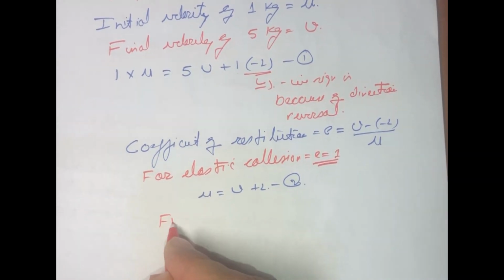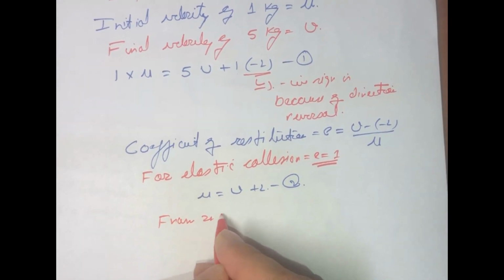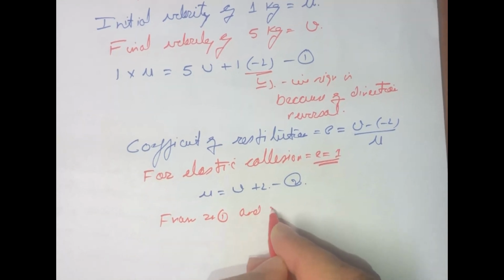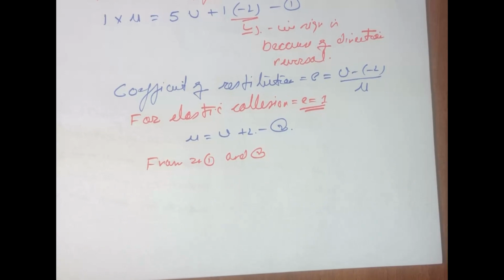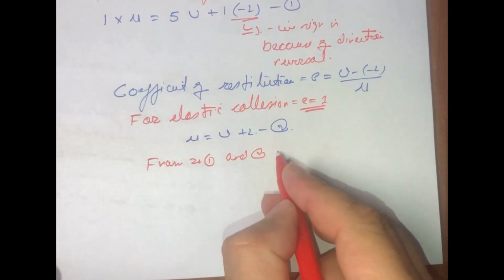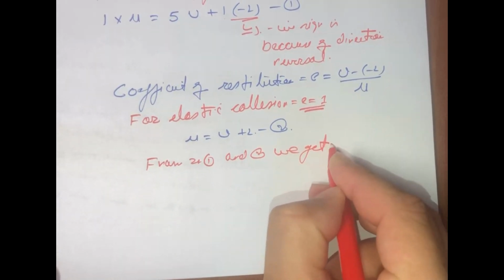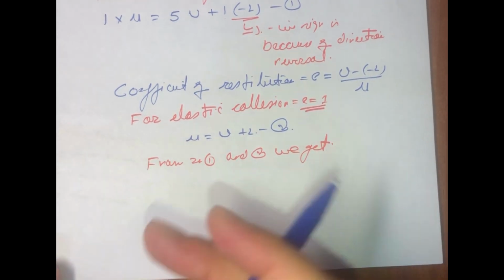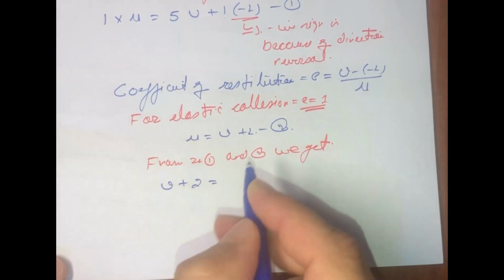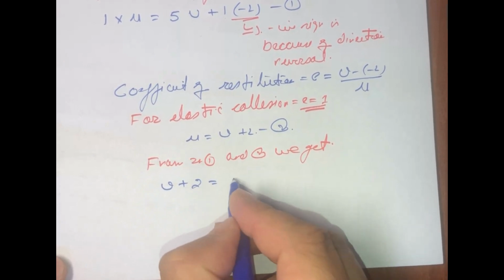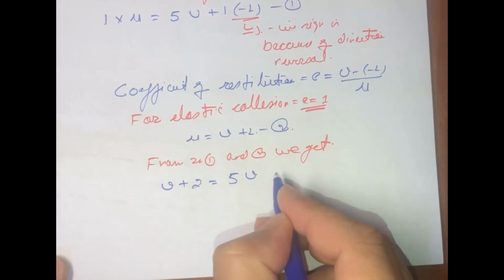From equations 1 and 2, substituting the value of u as v plus 2, we get v plus 2 is equal to 5v minus 2.